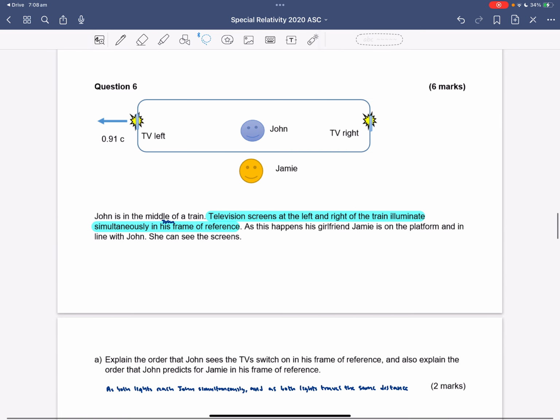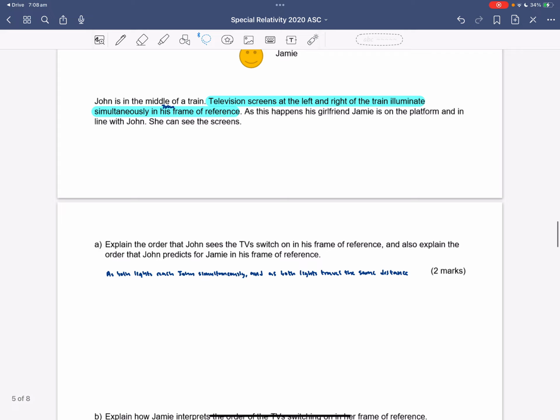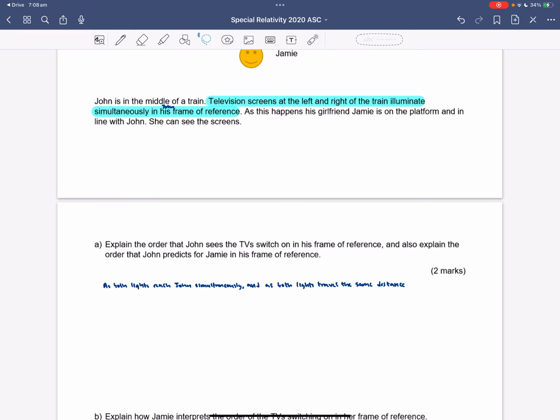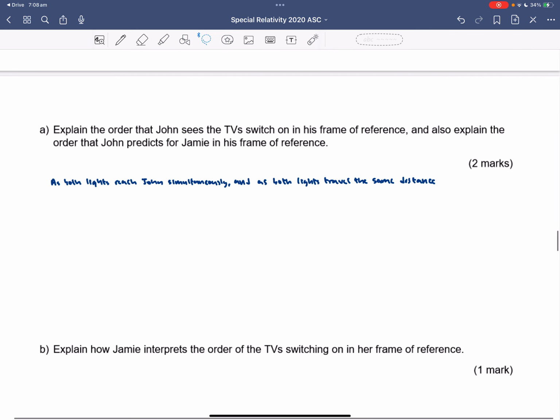John is at rest with respect to the train, so John measures the proper length of the train. I'm going to write proper length divided by 2, because they're in the middle.